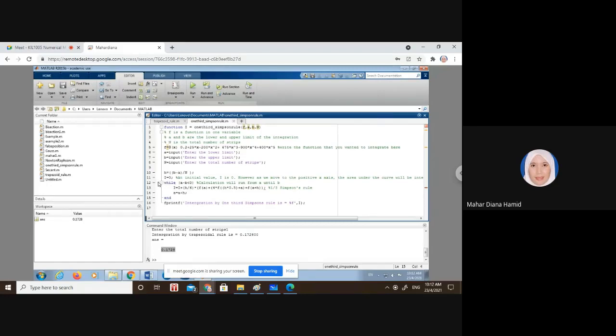So line number 12 here mentions that the calculation will run from A until B, and line number 13 signifies the Simpson's rule.